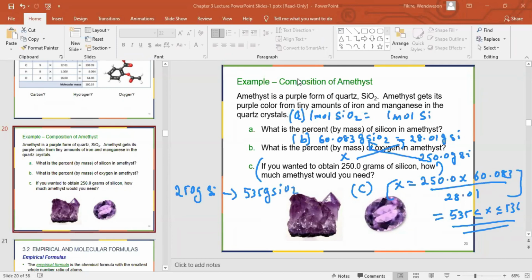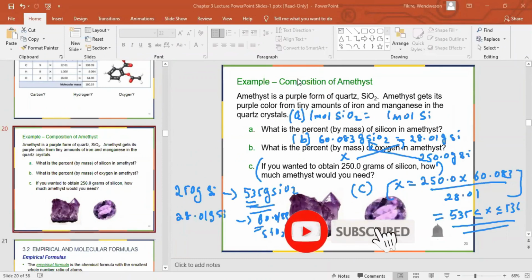It makes sense, because if you want to get 28 grams of silicon, you need 60 grams of silicon dioxide. So for 250, you must have 535. That's how the proportion goes. It's a conceptual question, actually, and it's just comparing the amounts that makes a difference. All right.